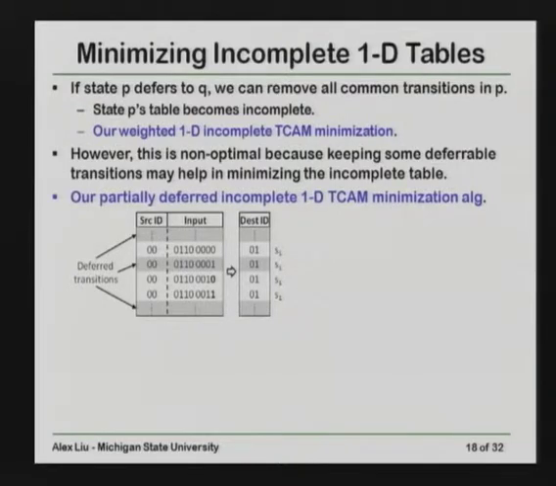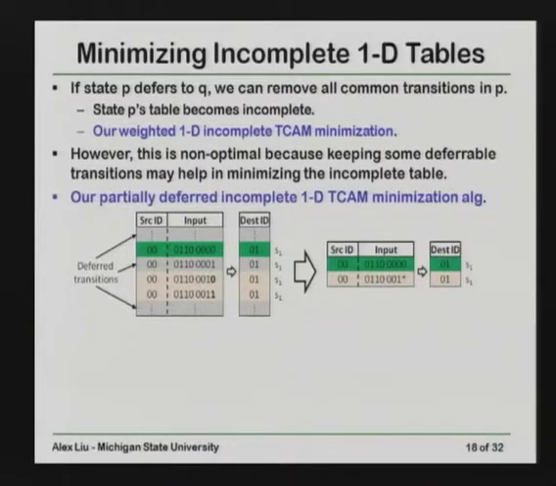Here I just show you the possibility. Suppose for this table, those gray entries in the shadow can all be deferred. If we delete all of them, we will end up with 2 entries.